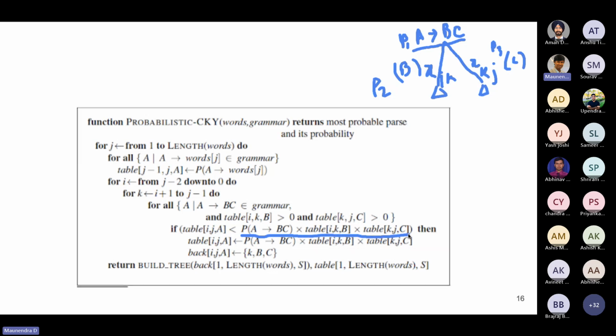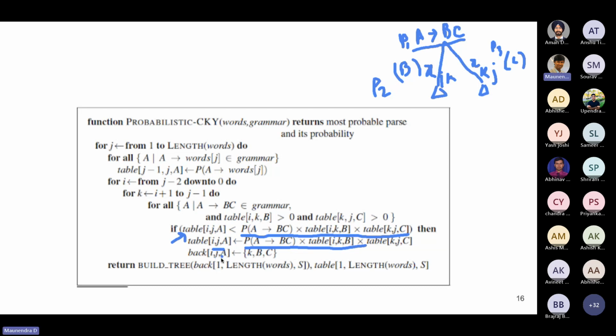And if this one is more than the entry which is there in the table, then we replace the entry by this probability. And this back ij is for reconstructing the tree.